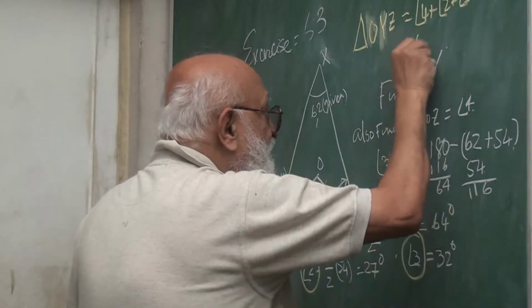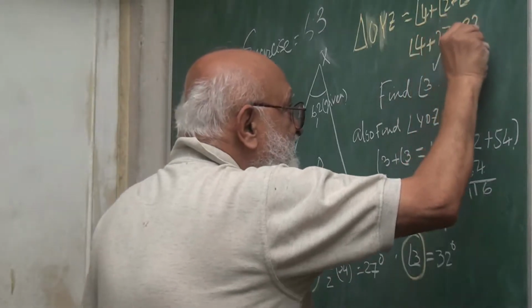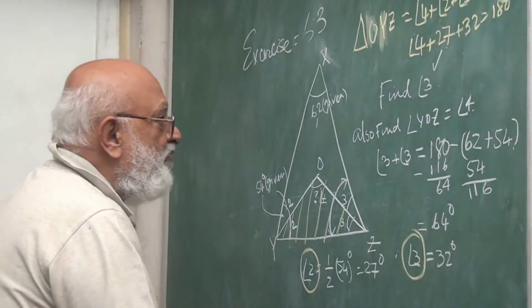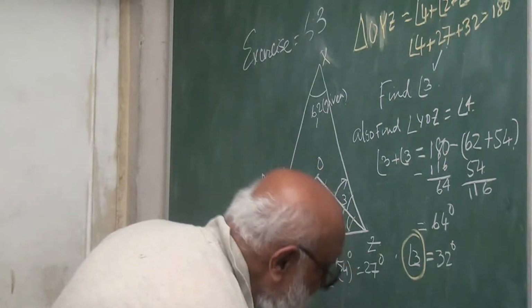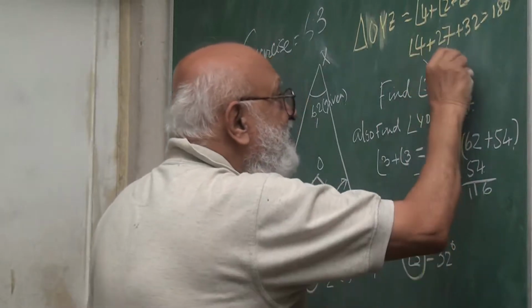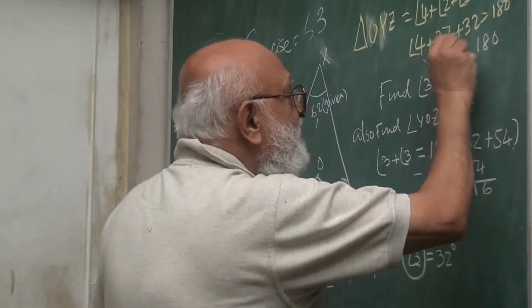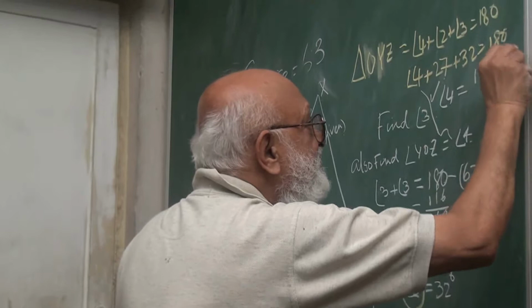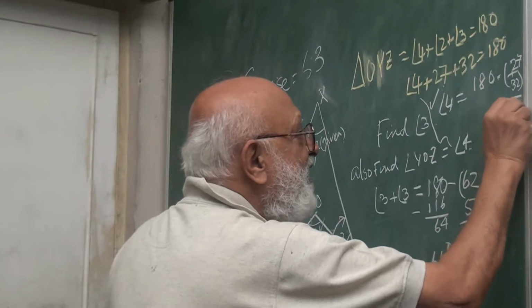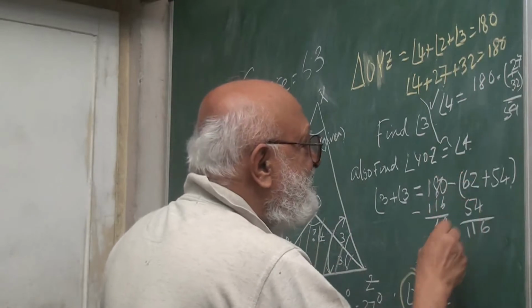So therefore angle 4 plus 27 plus 32 is equal to 180. So we can write further. Angle 4 is equal to 180 minus 27 plus 32. 27 plus 32 is 59.